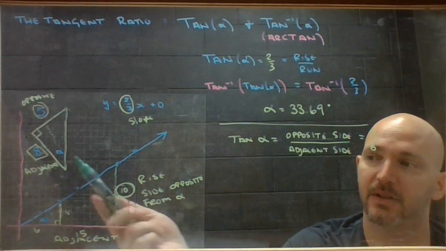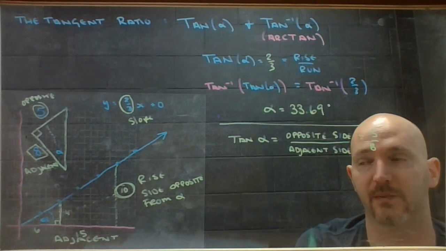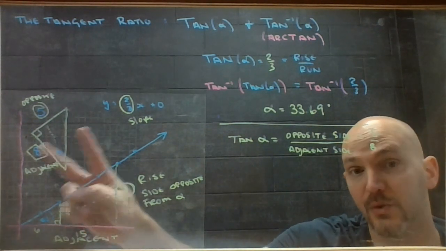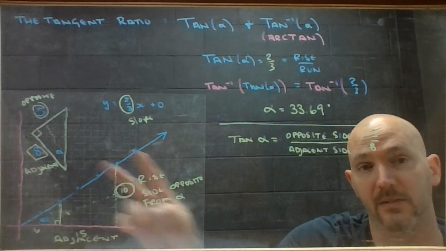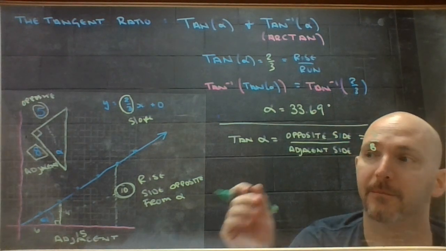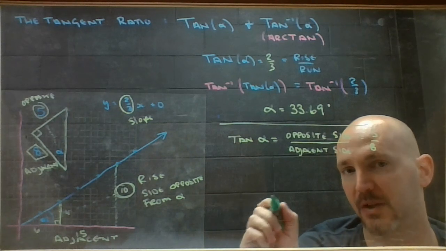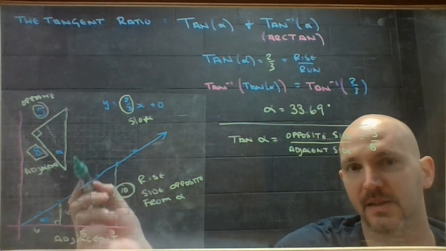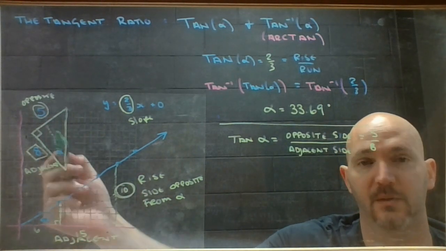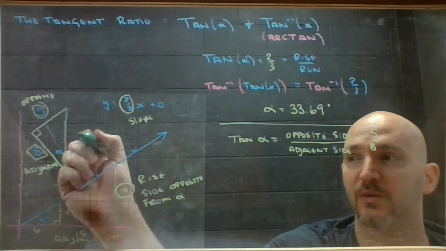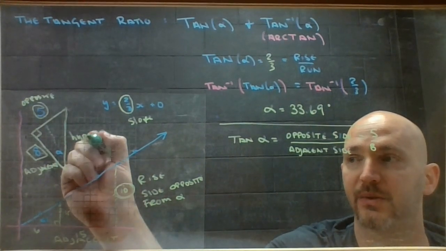And this one is often difficult to identify because there are 2 sides that make that angle. And the way you tell them apart is that this side here, this already has a special name. That's the side that is directly opposite from the 90-degree corner, which makes it the hypotenuse of the triangle.